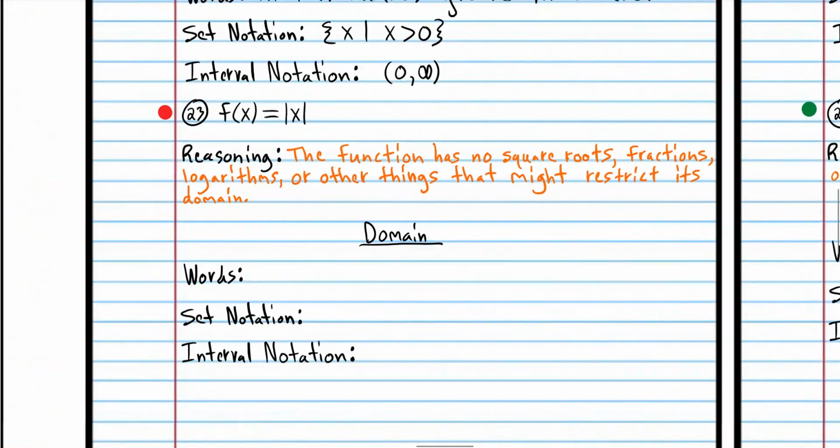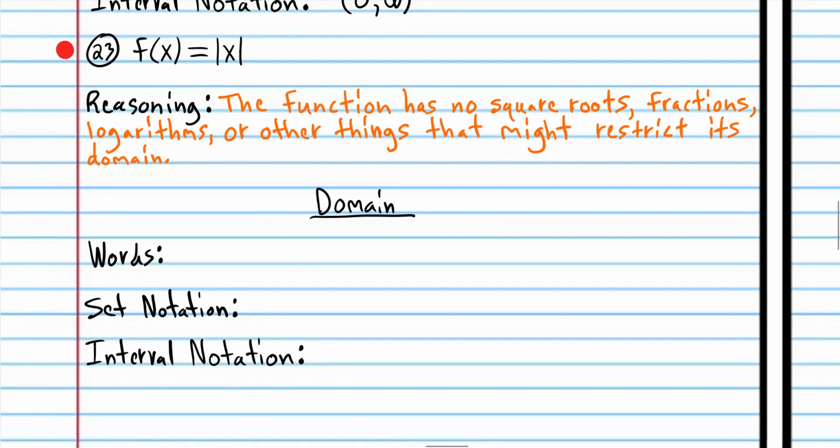Okay, so now we're going to do the same types of problems, but we have an interesting situation here. This function has no square roots. It has no fractions. It has no logarithms. It has nothing that is going to restrict the domain.